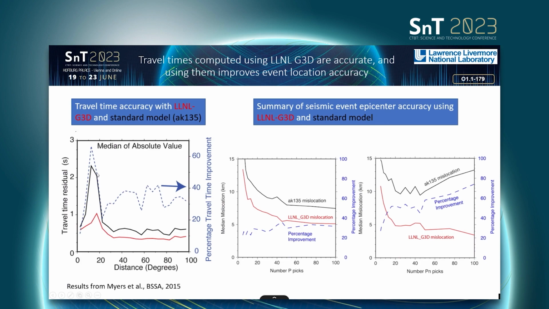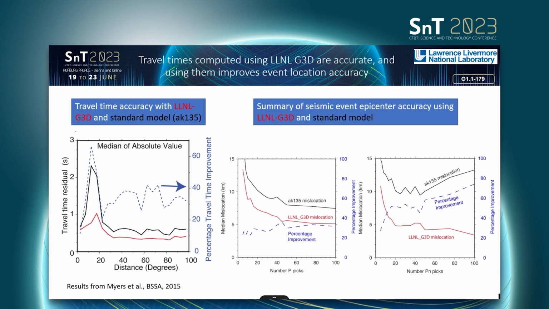It's very high error in regional distances out to 20 degrees or so, then drops down when the rays are traveling through the lower mantle. With the 3D model, the travel time error that we get relative to a ground truth data set is the red line. You can see it improves things quite a bit at regional distance as well as out to teleseismic distance, and then the dotted line is the percent improvement.